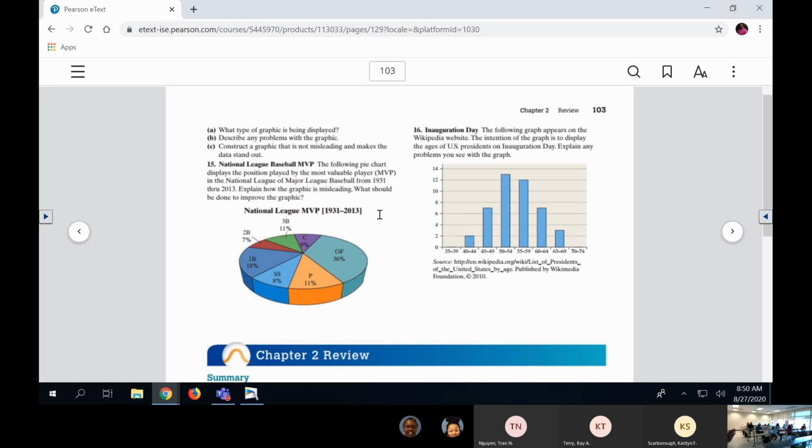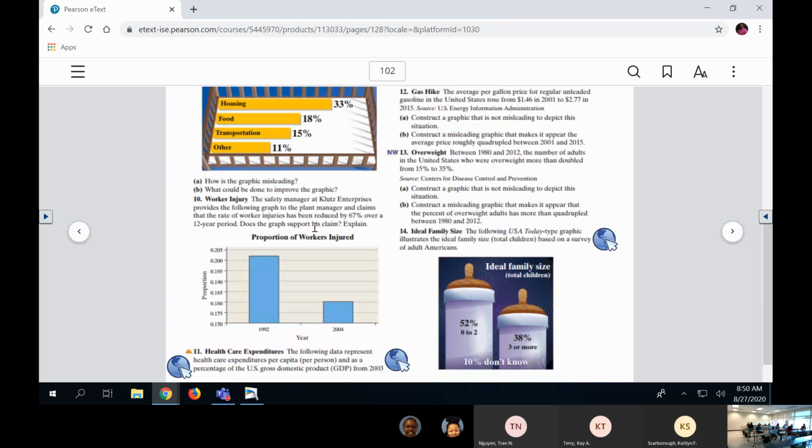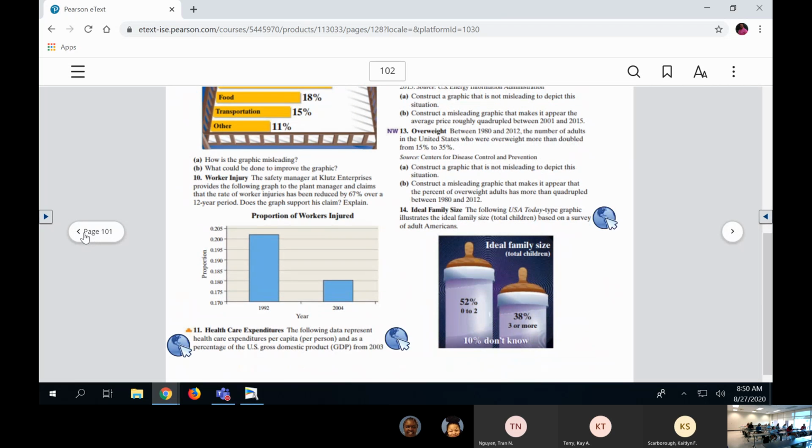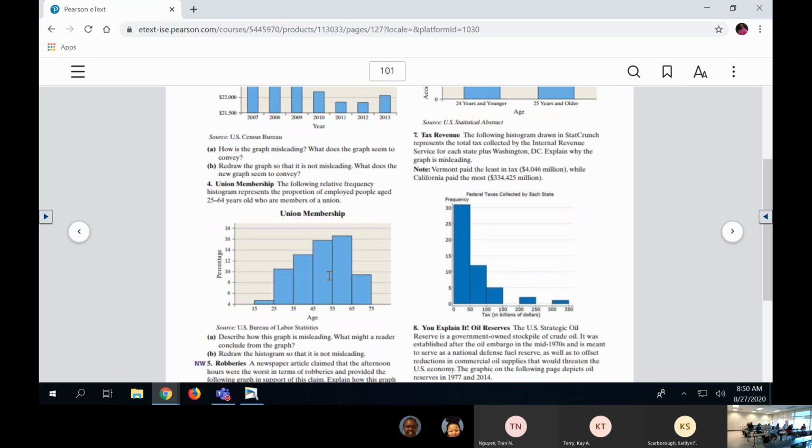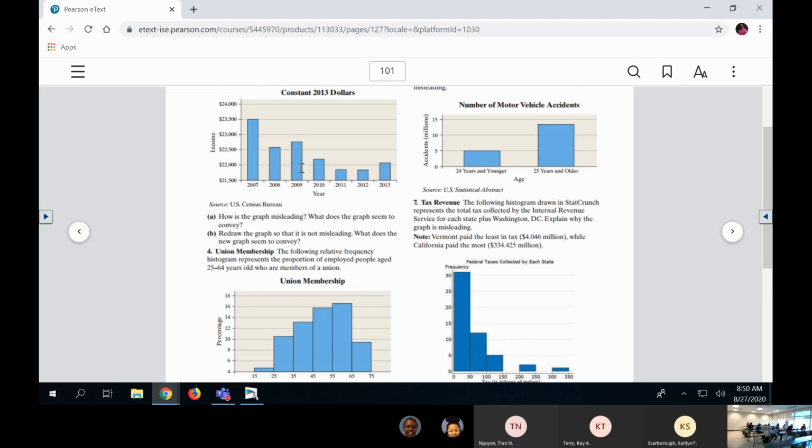Oh my gosh, is that a picture? Is that a bar chart or is that a histogram? That's a bar chart. Let's see if we can find a histogram right quick, because we need to be able to tell the difference. Oh, those are all bar charts. There's a histogram. Okay, there's the difference.